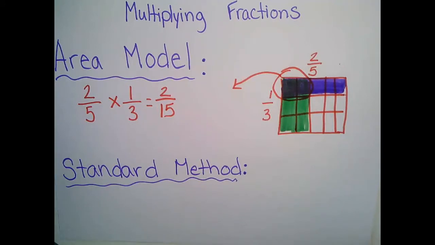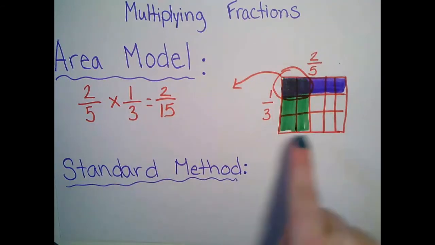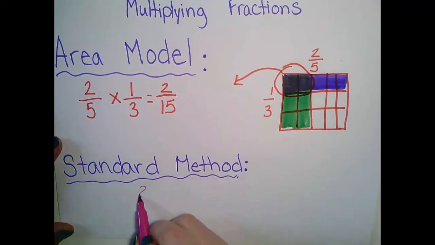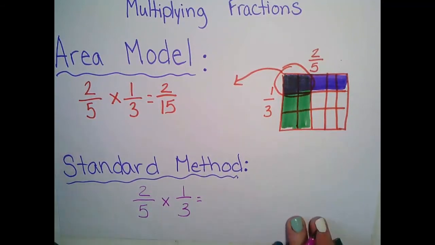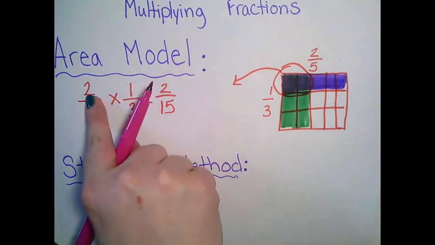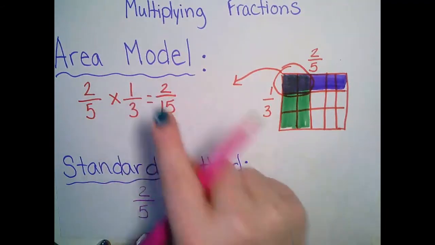Now, by looking at our equation and relating it to our area model, there is a standard method that we can use in order to solve multiplication of fractions. That being, if we have 2/5 times 1/3, you can do standard multiplication. If you look here, we have 2 and 1. Well, if you multiply 2 times 1, you get 2.